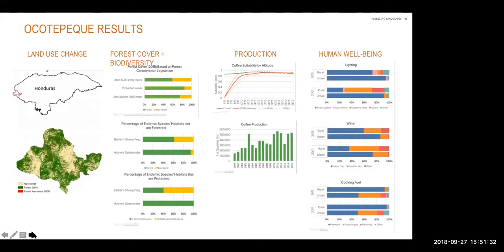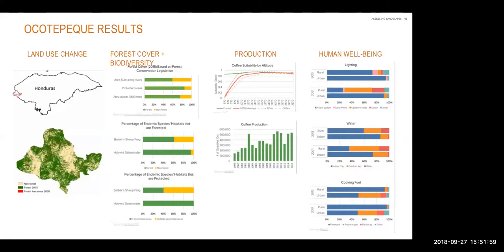And then we map forest cover change from 2000 to as late as we can go, which in this case was 2015. What you see in the green is where there's still forest, and the reddish areas, which are more in the northern central section, are highlighted areas where we've lost forest in that 15-year period. And that helps us pinpoint, okay, why are we losing the forest and what does it mean?